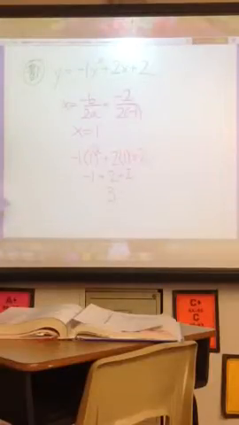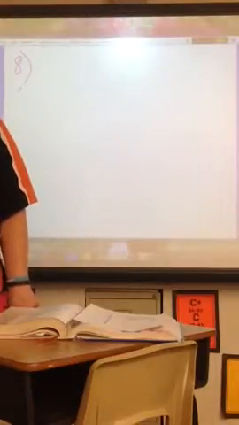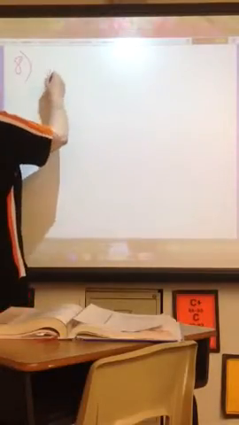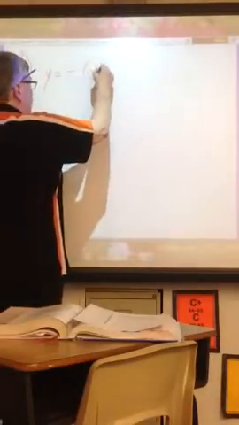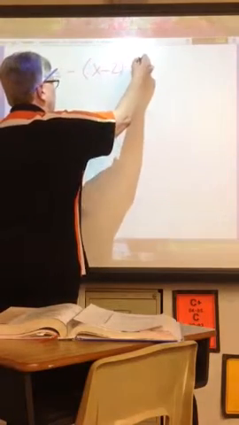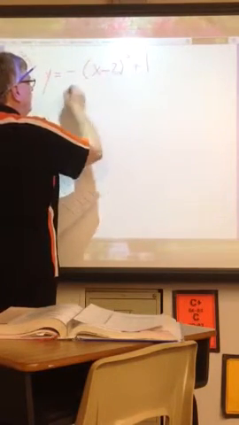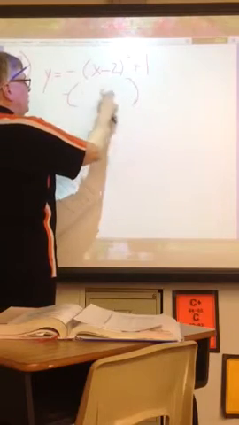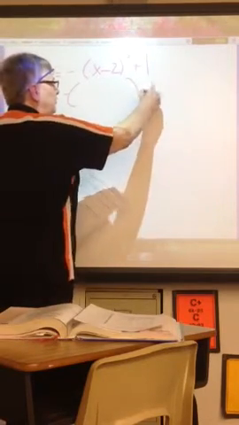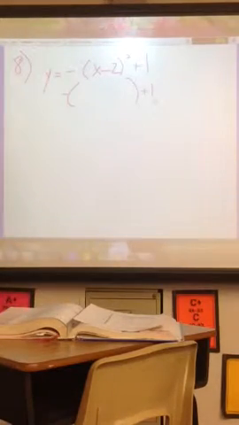Now, on number 8, when we square a binomial, how many terms do we get? 3. So if you take this and square it, you should get 3 terms. And if several of you look at your homework, you'll find you only had 2.